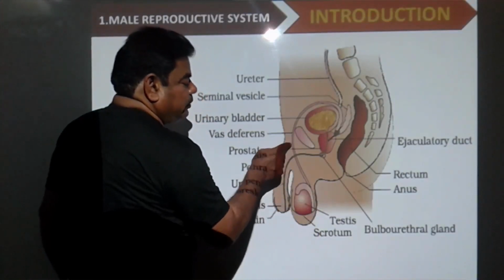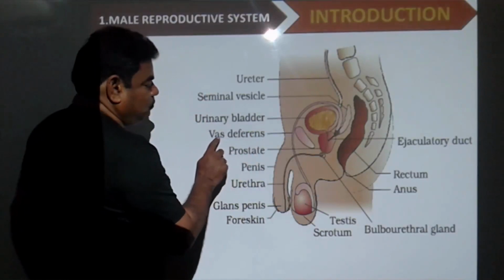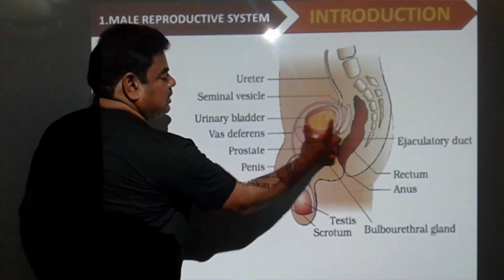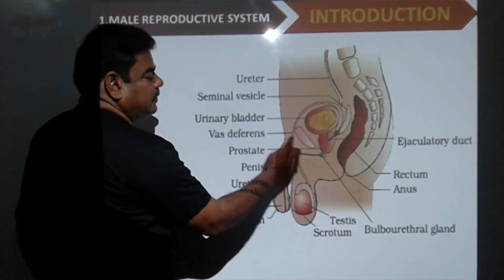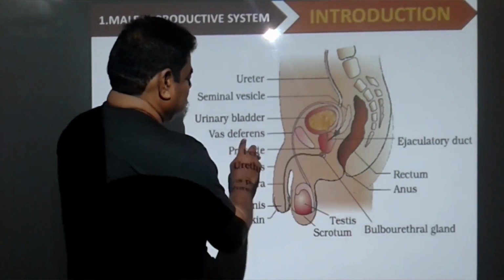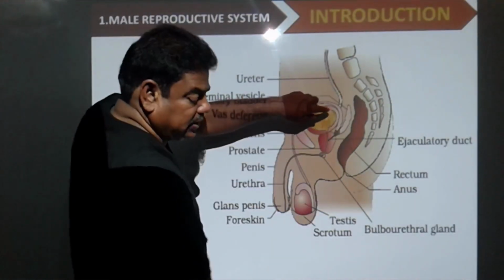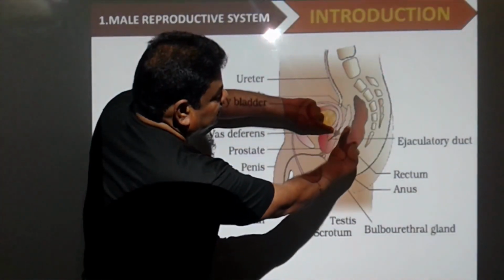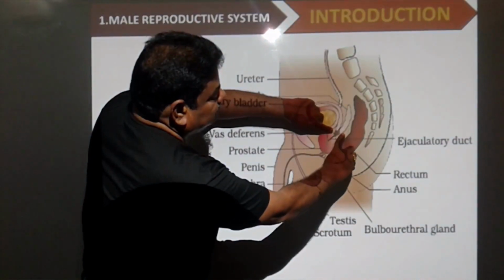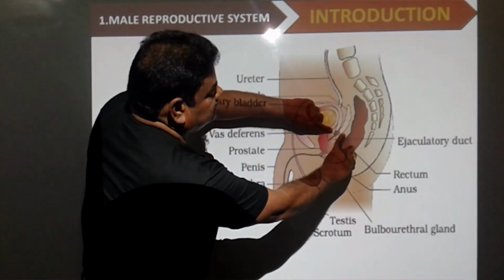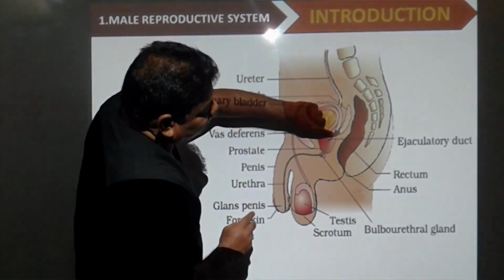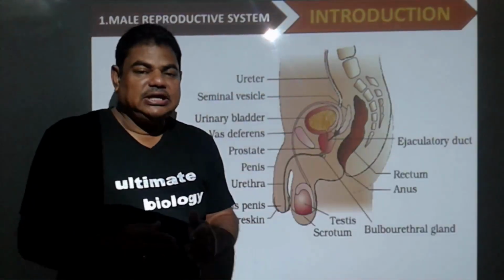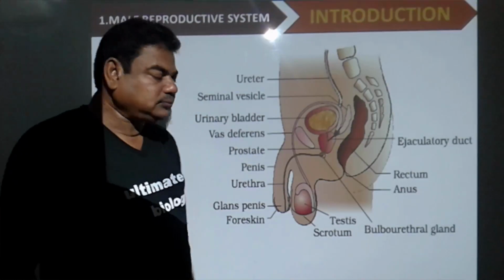This duct we call the vas deferens, which surrounds this structure known as the urinary bladder, and this vas deferens joins with the duct of one gland known as the seminal vesicle gland and forms a common duct, known as the ejaculatory duct.